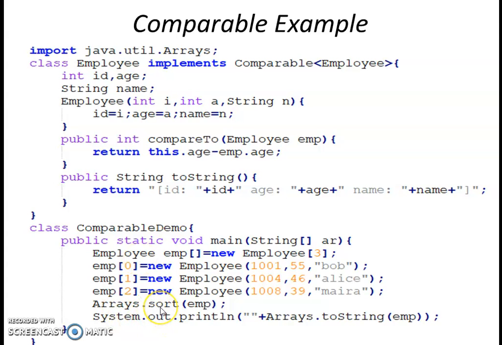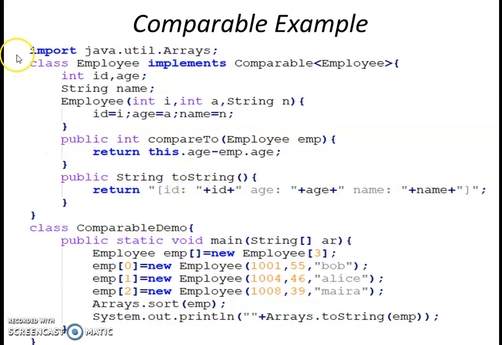So this sort method will invoke the compareTo method, and according to this logic, based on age, objects will be sorted, and we are printing Arrays.toString and we are passing emp to it. So it will print the objects in this fashion because we have overridden the toString method.